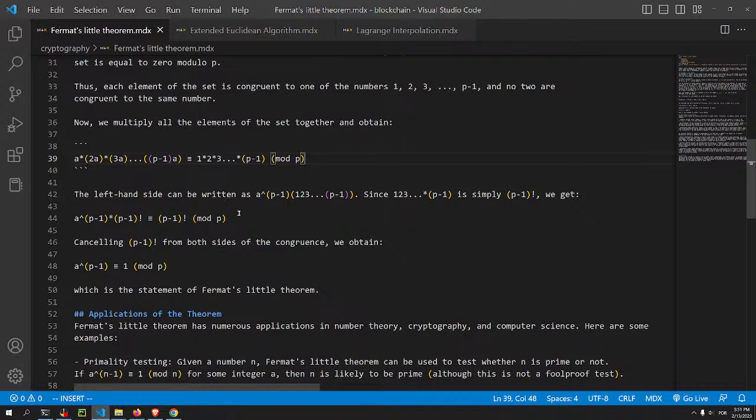The left hand side can be written as this.